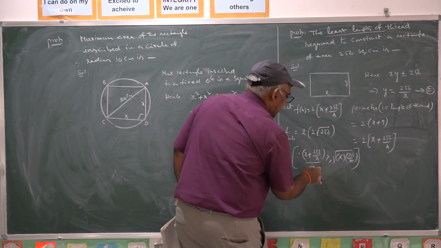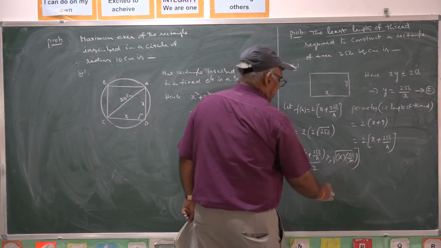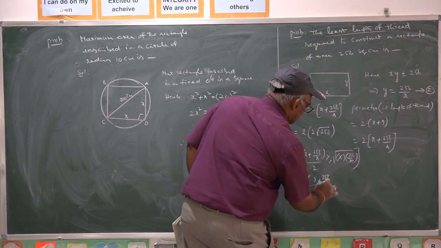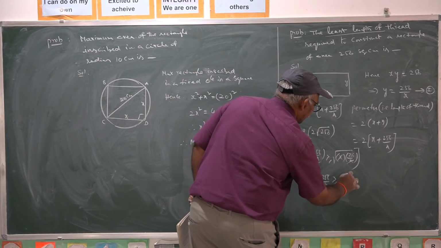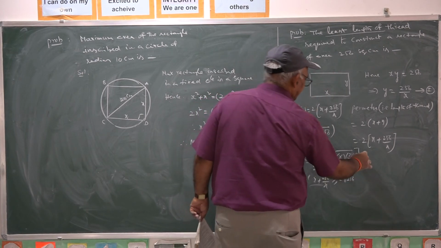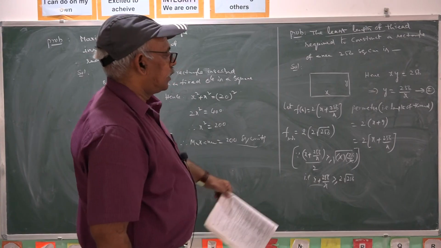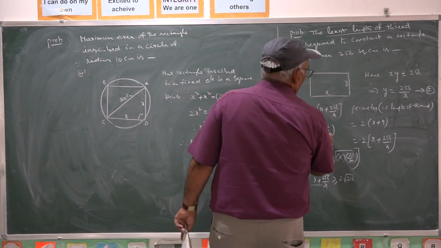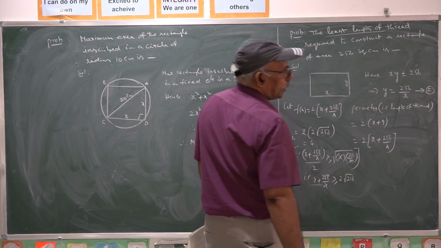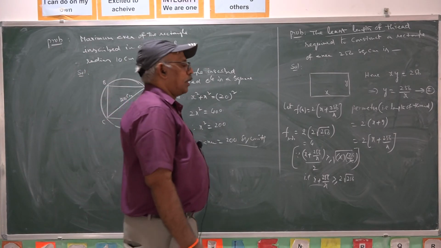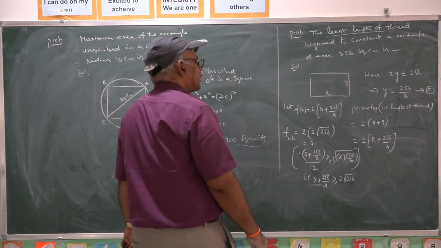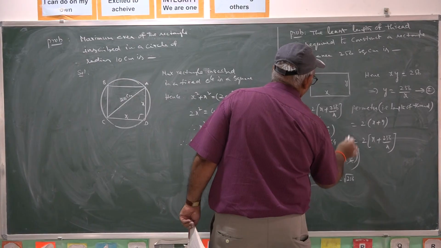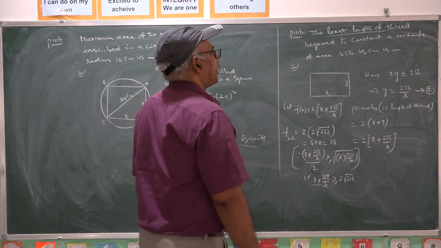So x plus 256 by x is greater than or equal to twice the root of 256. The minimum is this. Hence, the minimum of f, the perimeter or the length of thread, is 4 into root 256. Root 256 is 16. 4 times 16 is 64. So the minimum length is 64 centimeters here.